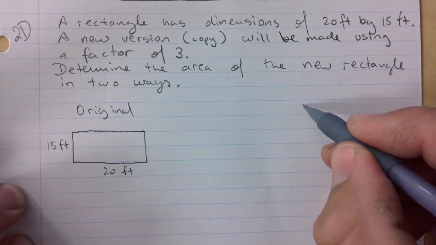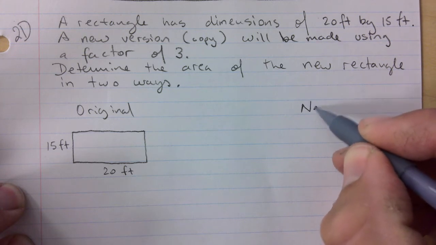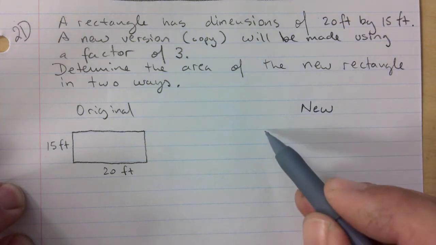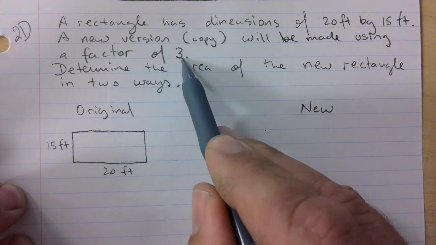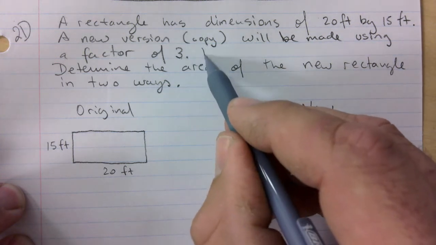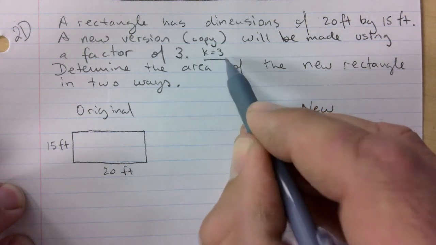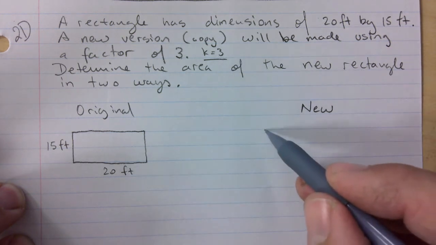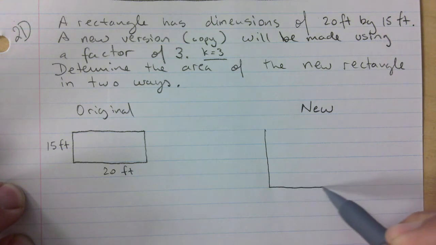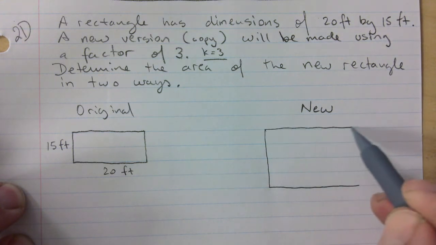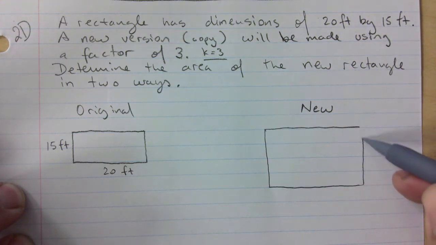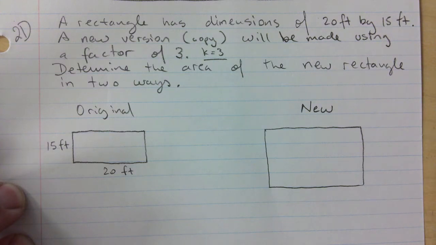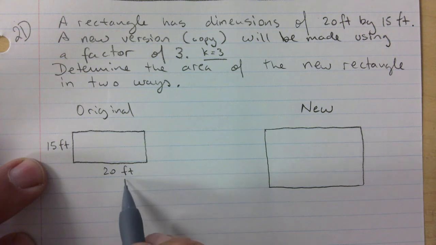And we'll have our new shape right here. Because k is equal to 3, k is bigger than 1, so we know that it's an enlargement. So we're going to draw a rectangle that is longer. It's not drawn to scale. If I take this, really it's just times 3.